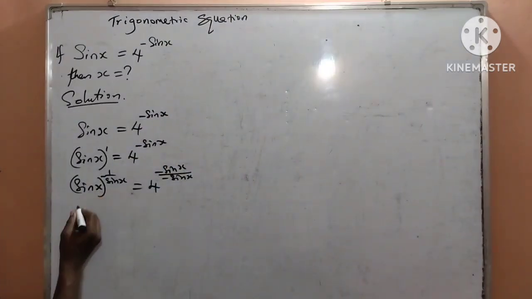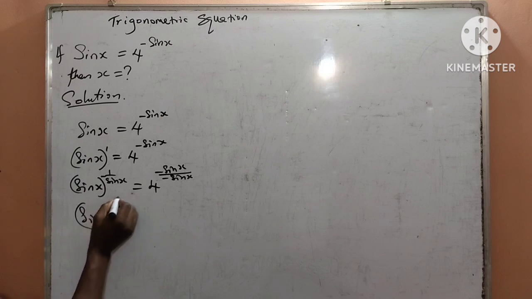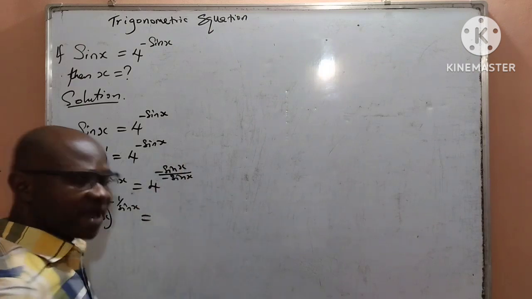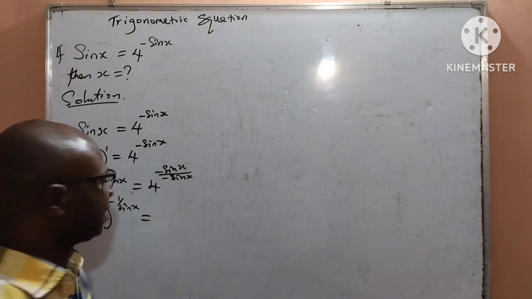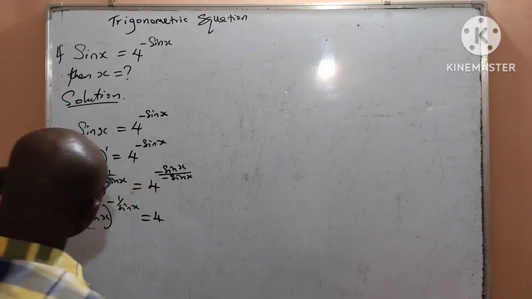Beautiful. And when that happens, I'll have sine x raised to power minus 1 over sine x, equal to, of course, negative sine x will divide negative sine x on the right hand side, leaving me with just 4.